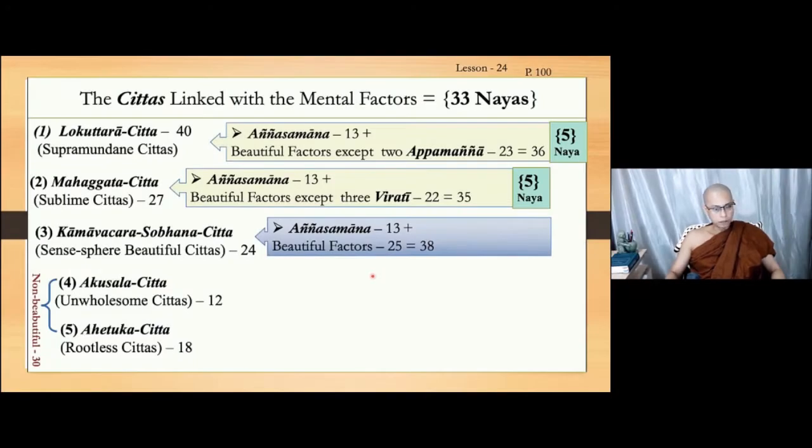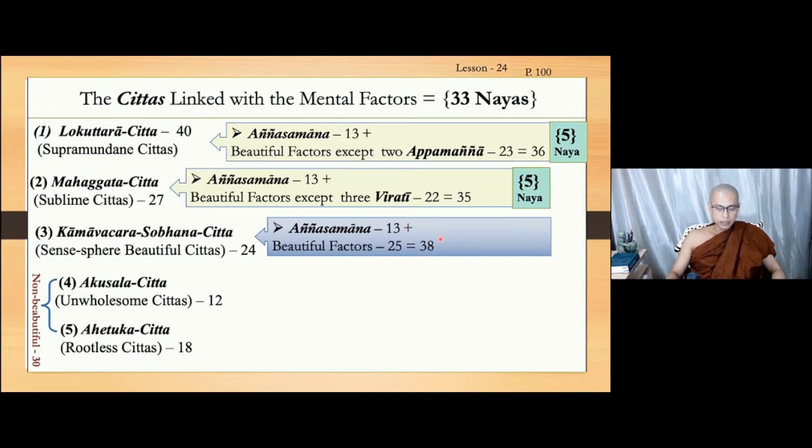Then, Kamavacara Sobhana. Here, this is the utmost number they can rise: Annasamana 13 and Sobhana 25. In the wholesome consciousness, the complete set can arise, but not all 38 arise together.